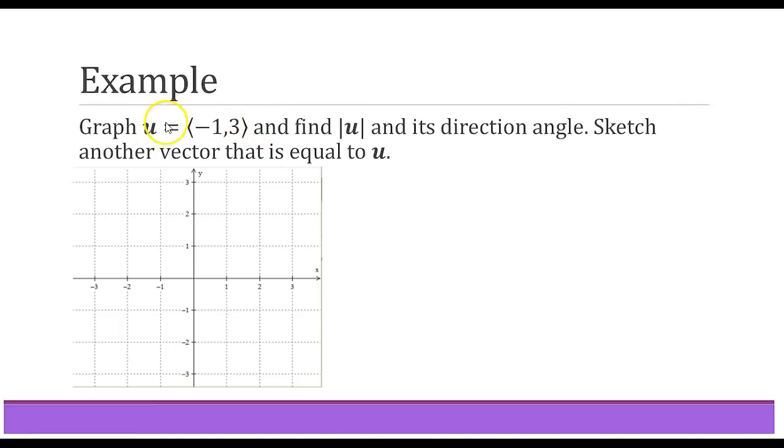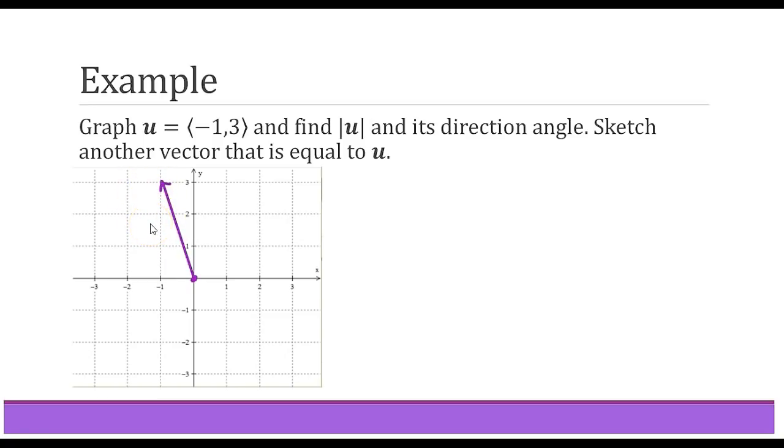We're going to start by graphing this position vector. Since it's in angle brackets, we have to know that it does start at the origin. So I'm going to start at the origin, and its terminal point is going to be at -1, 3. I'm going to go to -1, 3 up here, and instead of drawing a point, I'm going to draw an arrowhead, because that's where my vector is going to end.